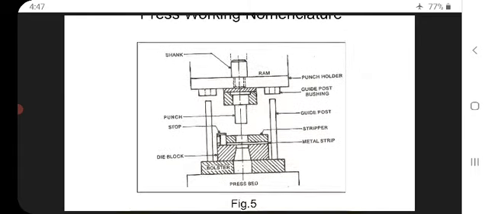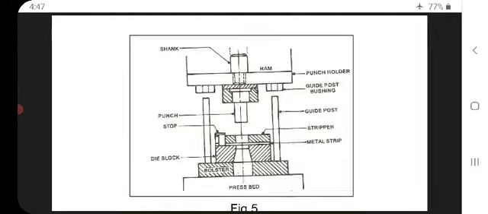At the bottom you are seeing a bolster plate. I repeat: ram, punch holder, guide post bushing, guide post, stripper, metal strip. At the bottom you are seeing a press bed, above that bolster, die block, stop, punch and a shank.